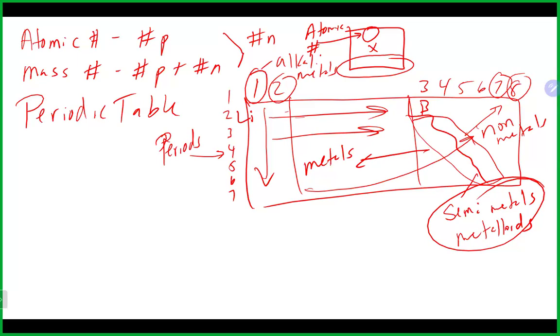The part that we skip between group 2 and group 3 are our transition metals. We'll talk more about those in naming, but they usually have the ability to make a variable type of charge. For example, copper could be +1 or +2, as opposed to other metals which have more fixed positive charges.